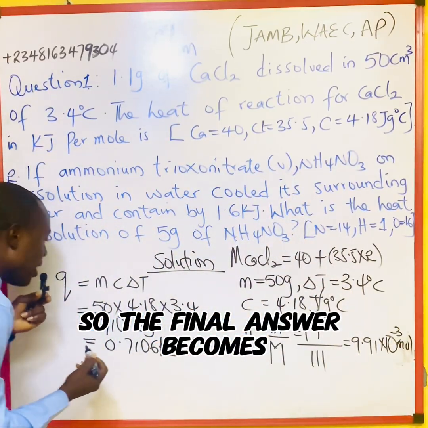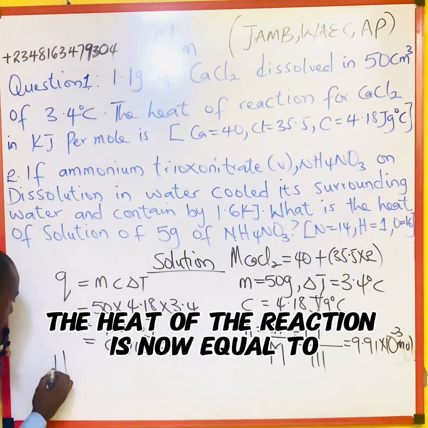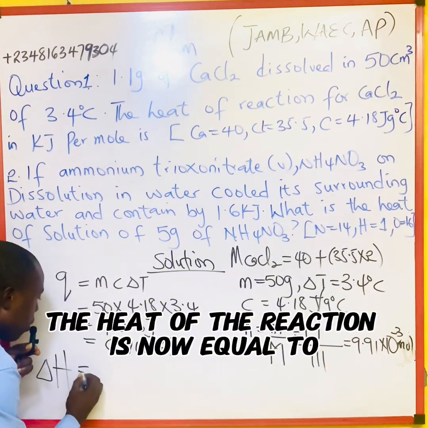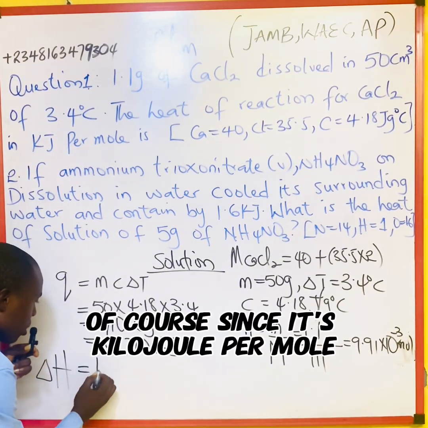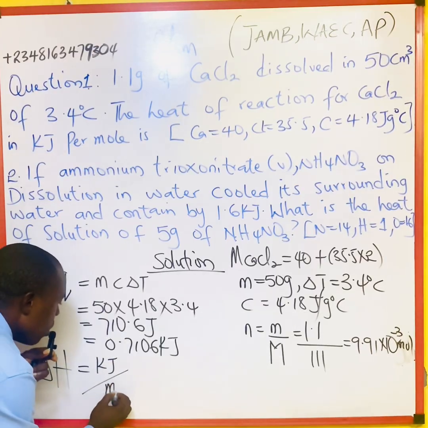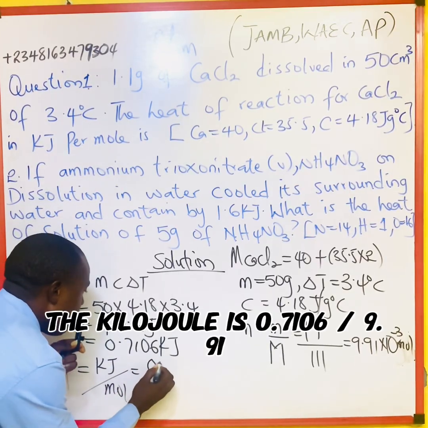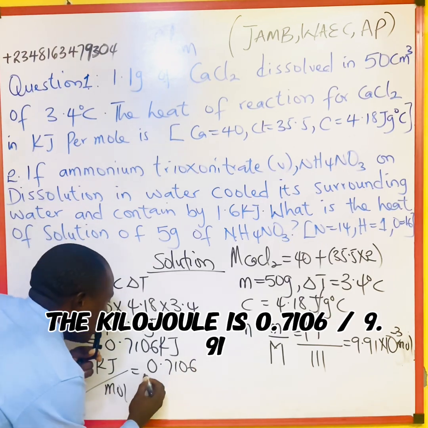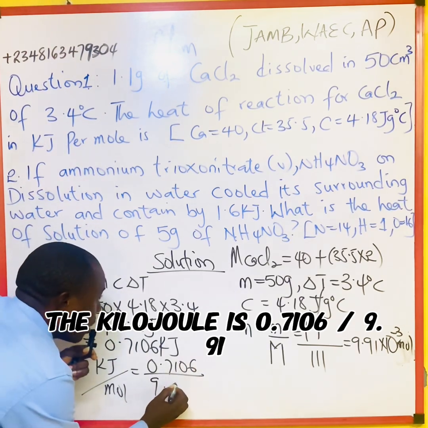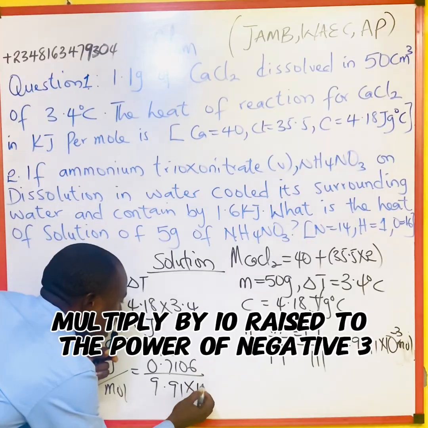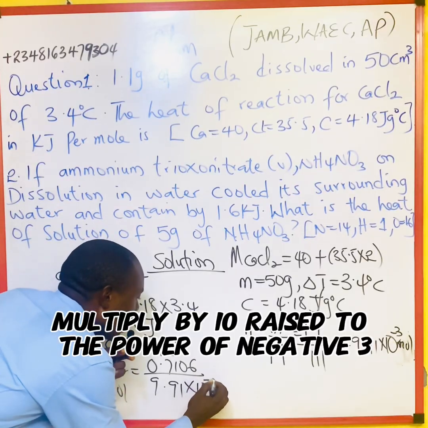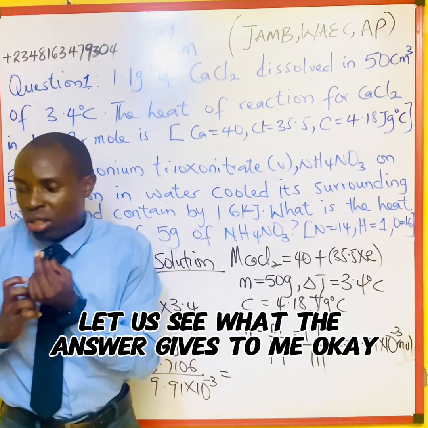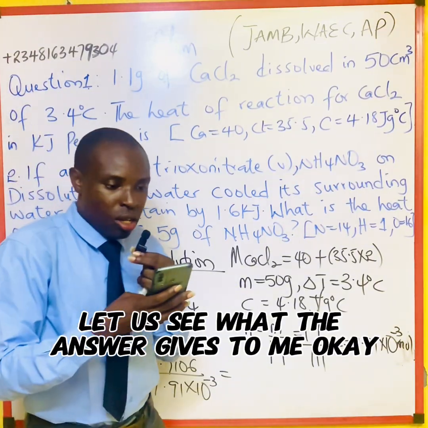So the final answer becomes the heat of the reaction is now equal to, of course, since it's kilojoule per mole, the kilojoule is 0.7106 divided by 9.91 multiplied by 10 raised to the power of negative 3. Let us see what the answer gives to me.